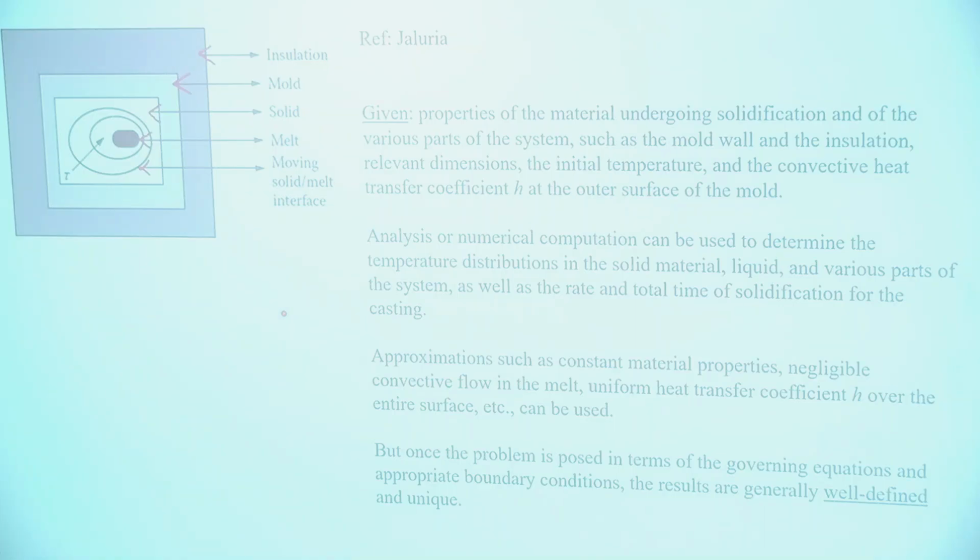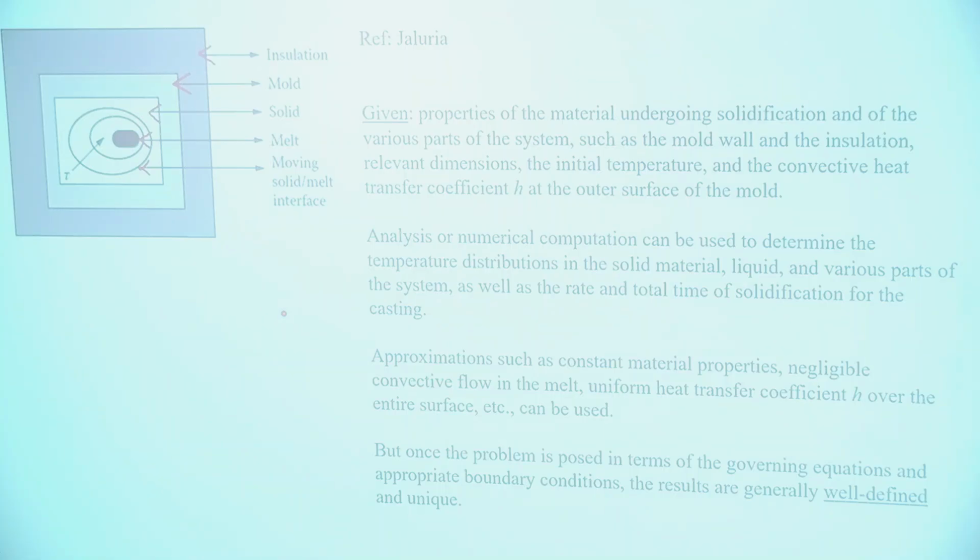Okay. Now here again, if I give you the details, like the dimensions of this system, dimensions of the insulation, the material of the insulation, the metal properties, etc. So which molten metal, etc. If I tell you all these, and I'll also give you maybe the heat transfer coefficient at the outer surface of the mold, and some insulation properties, so if all these material properties and all specifications are given properly to you, then you will be able to solve this problem and get again a unique solution, right?